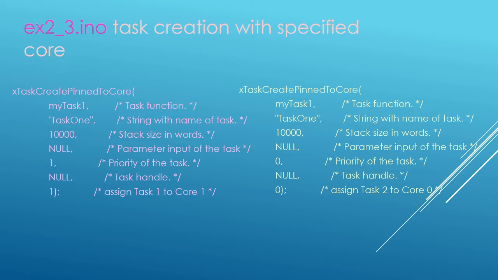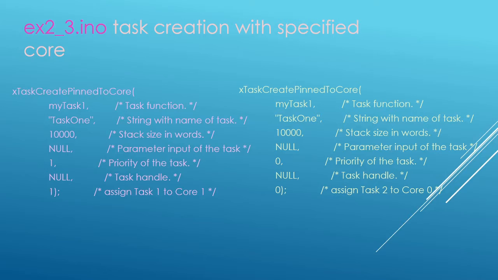If you want to pin some task to a specific core, you can do it. Just like in example 3, see here. You use the function xTaskCreatePinnedToCore, and you put the core number at the end, at the last argument.